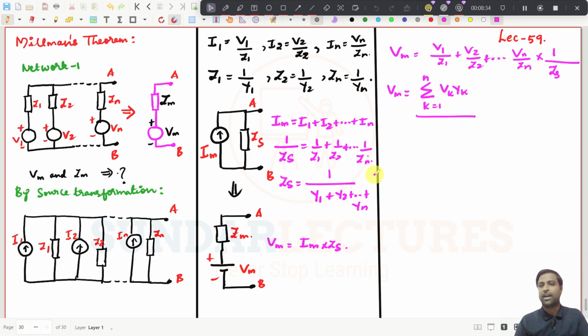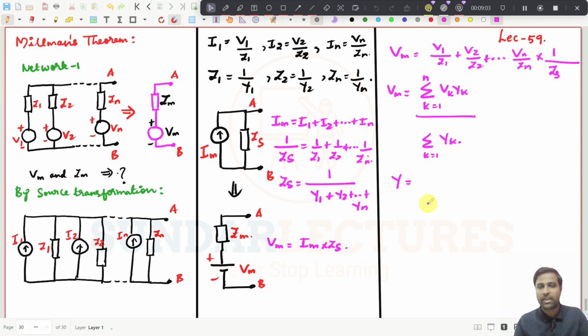This is divided by what? This will be 1 by Zs, which is Y1 plus Y2 plus Y3 and so on, which means the summation for k equal to 1 of Yk. What is the value of Y?